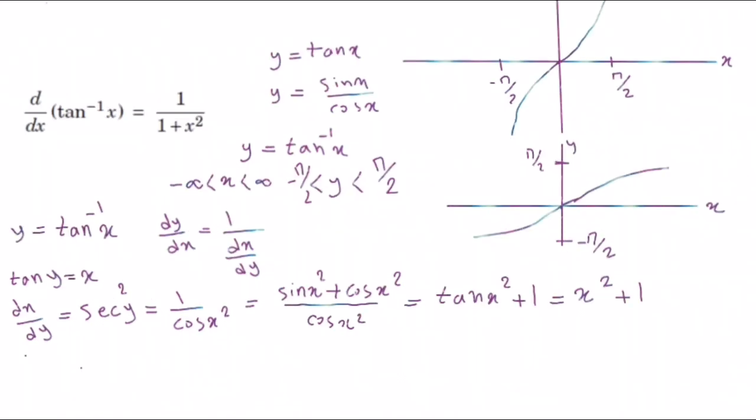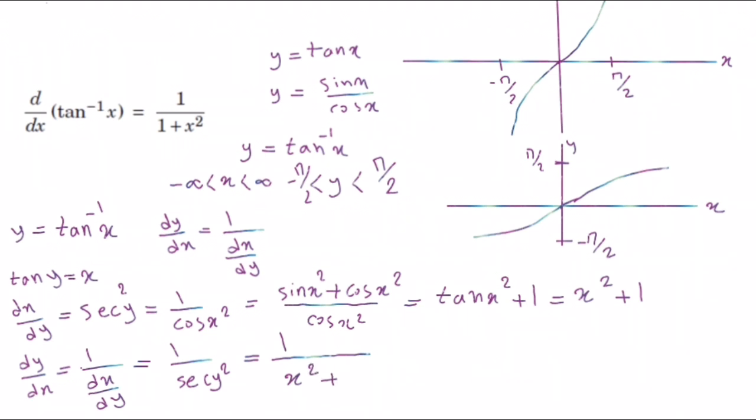So the derivative of y with respect to x equals 1 over the derivative of x with respect to y, which equals 1 over secant y squared, which equals 1 over x squared plus 1.